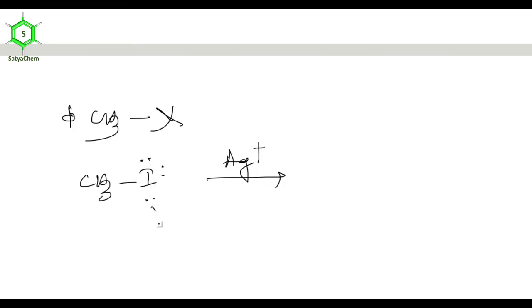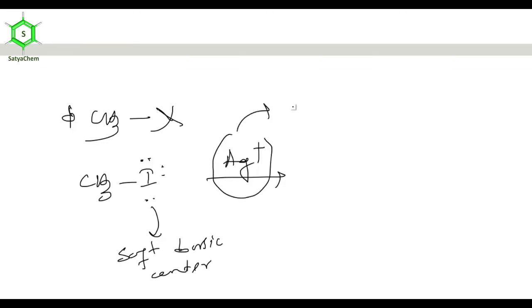So we can consider it as a soft basic center. Similarly, silver is a large atom and one unit positive charge is present on silver, so we can consider Ag plus as a soft acidic center. So there will be a very good bonding interaction between iodine and silver.